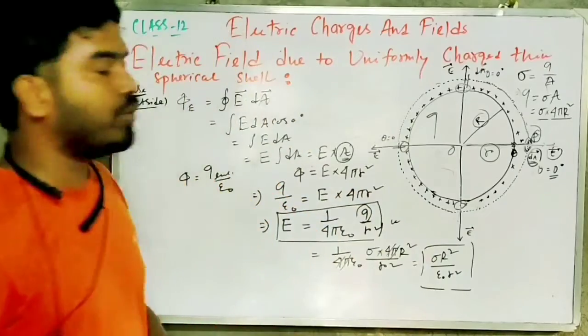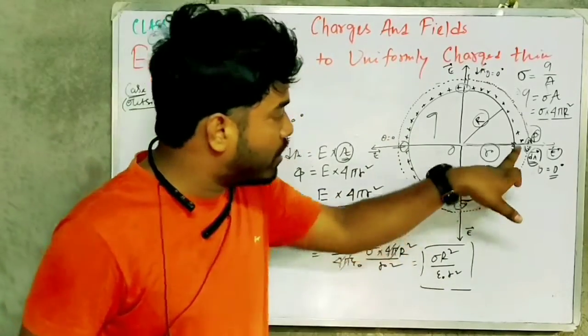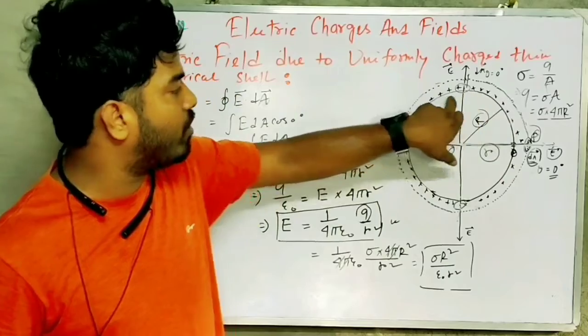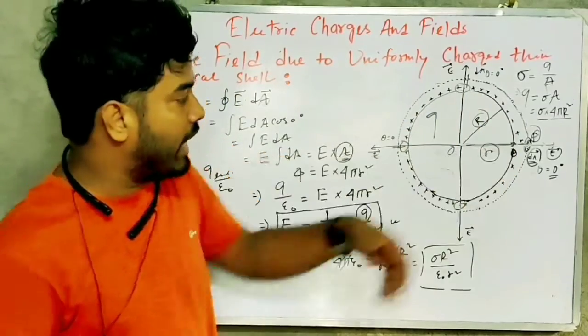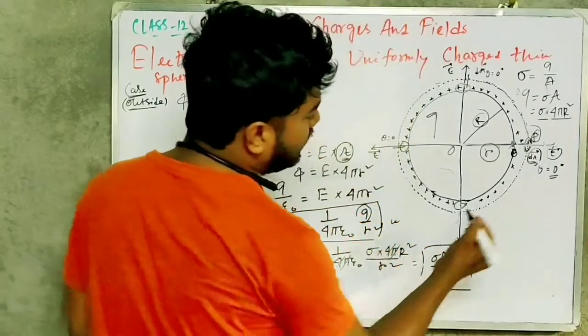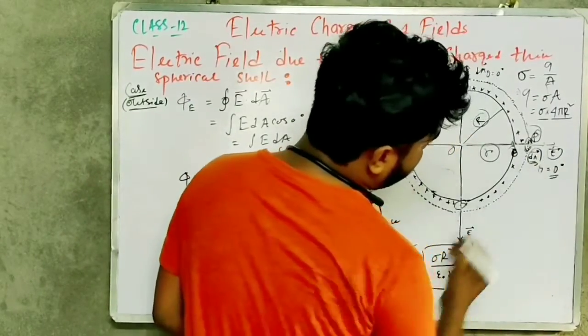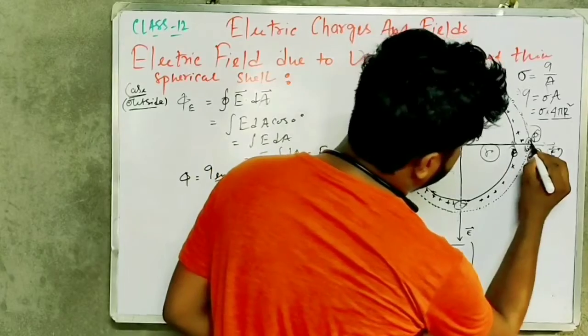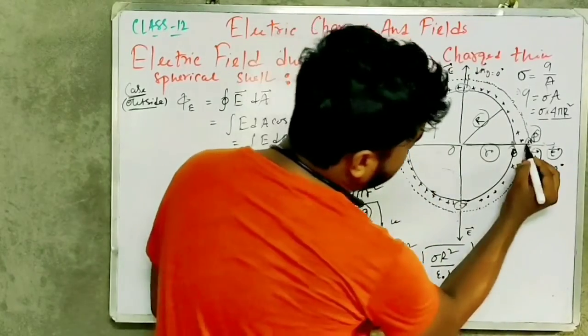So what we have to do? At first we have to draw a Gaussian surface, the same Gaussian surface. Then if we calculate electric field at point P, just check it. This distance, that is small r, is decreasing.